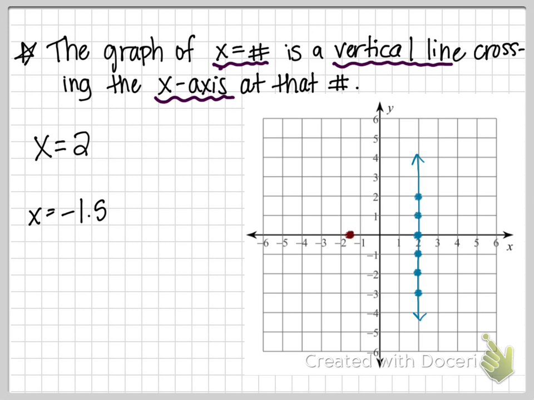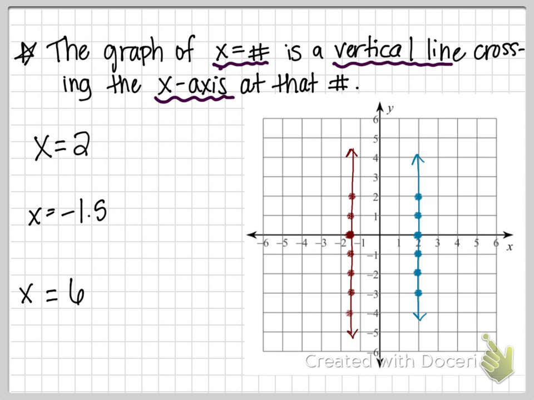So it's going to cross the x-axis at negative 1.5, and no matter what y equals, x will always equal negative 1.5. So it's going to make a vertical line. Okay, let me finish this little arrow. Okay, vertical line crossing the x-axis at negative 1.5.